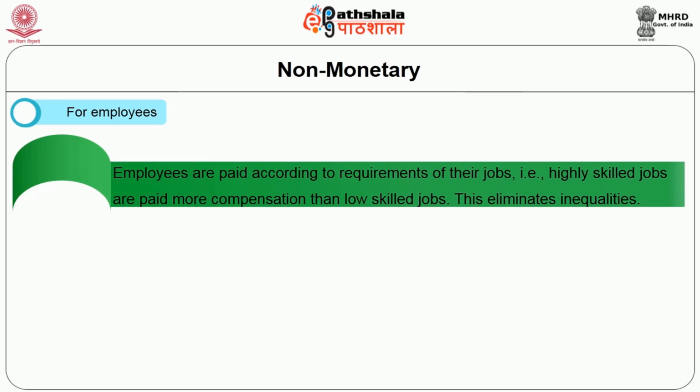Now, looking at what happens for employees, employees are paid according to the requirements of jobs and their primary and secondary needs are satisfied. For example, highly skilled jobs are paid more than lower skilled jobs, which we usually call white collar jobs and blue collar jobs, the white collar jobs being the highly skilled ones and the blue collar the lower skilled ones.